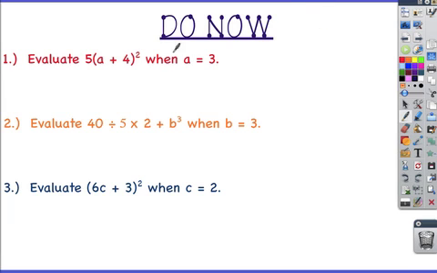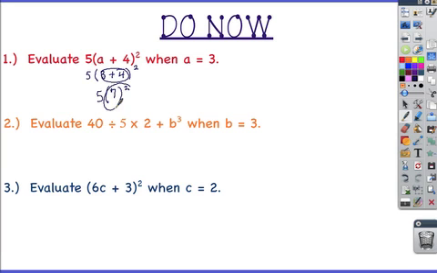Number 1 asks us to evaluate 5 times the quantity of a plus 4 squared when a equals 3. For this question, we just substitute 3 in for a, and then follow the order of operations to simplify. First, we'll do our parentheses, recopy everything else.